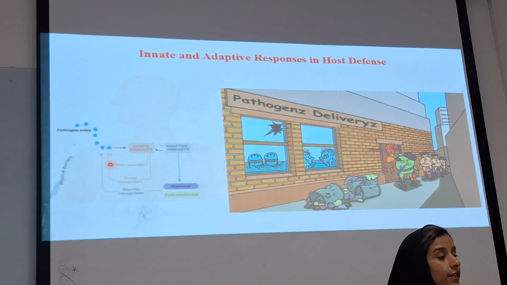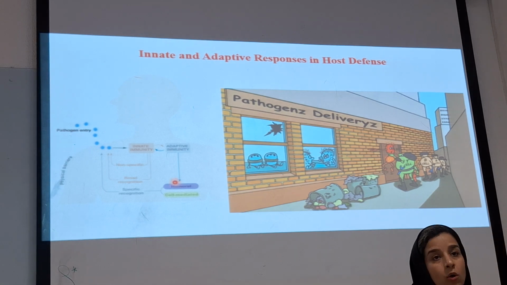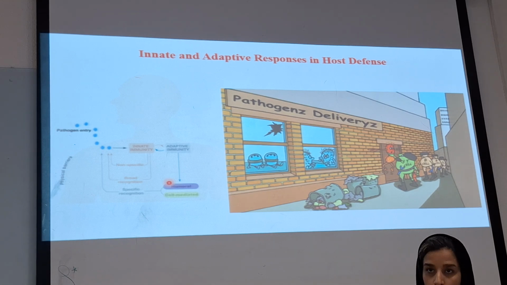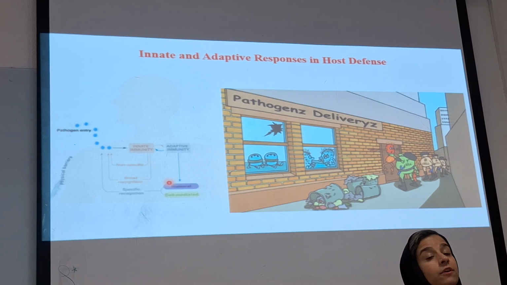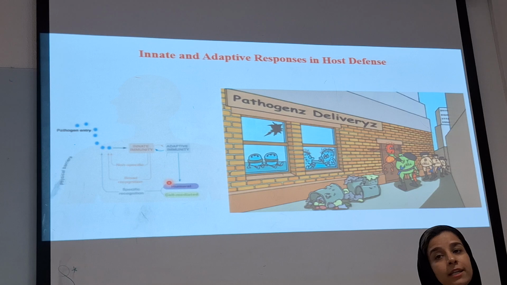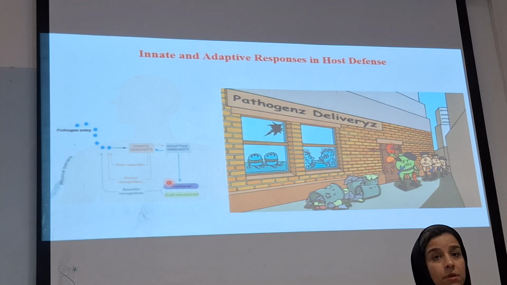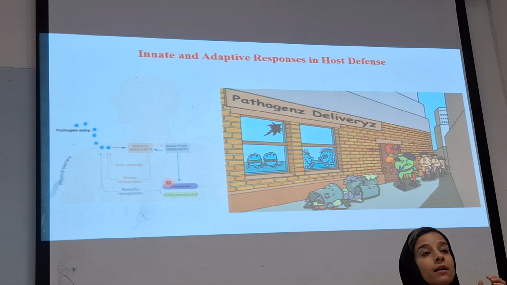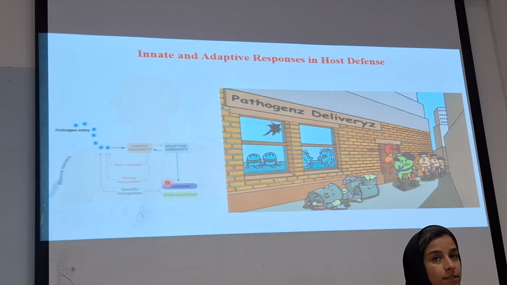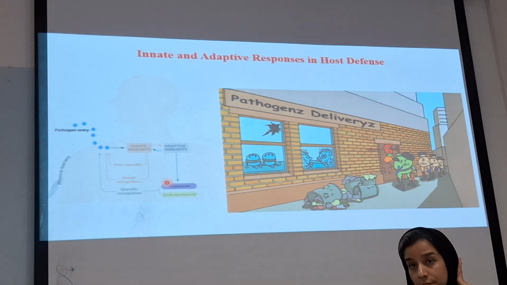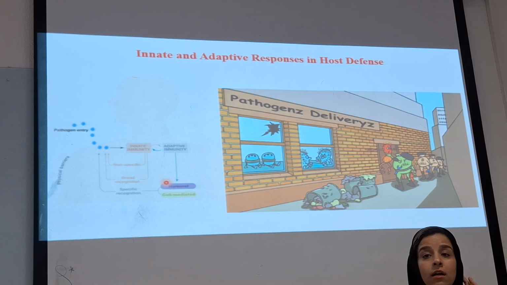Like this story, in our body, when a pathogen enters, the first police are the innate immune system, which detects these foreign pathogens and substances.